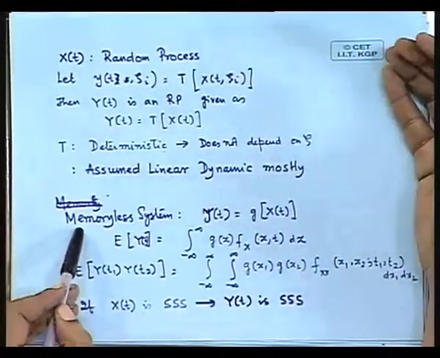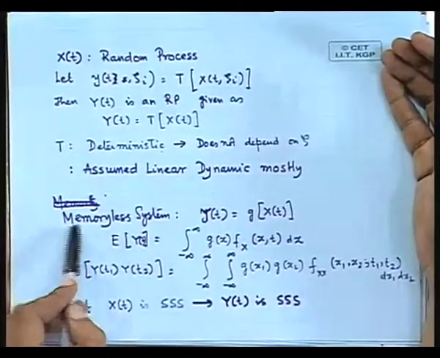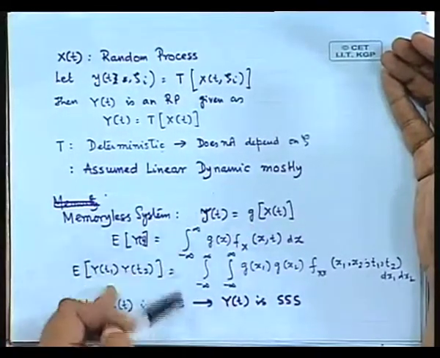See, the case of static operators or memoryless systems, which are just functions, is actually very simple. We have already derived how a random variable gets transformed by a function. So if you apply a memoryless function, you are simply taking the value of x(t) at each t and passing it through the function. It is nothing but transforming a random variable instant by instant.